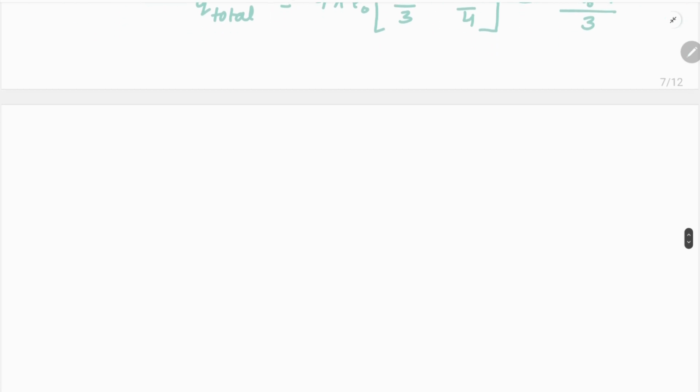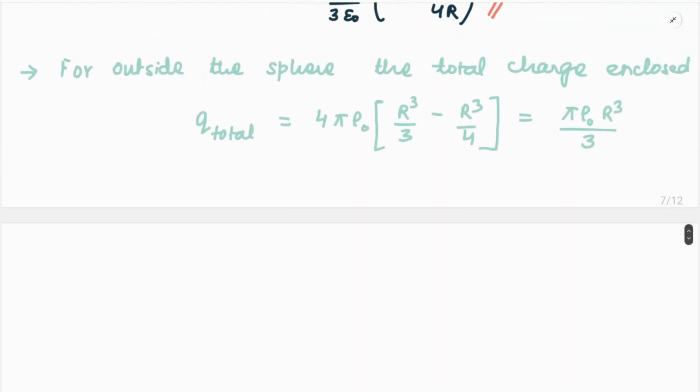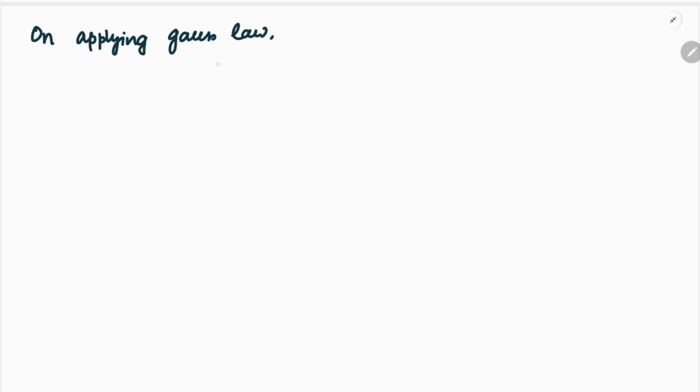Now if we again apply Gauss law, so this is the term that we have. On applying Gauss law again, for outside the sphere, E dot dS is equal to Q enclosed by epsilon naught.